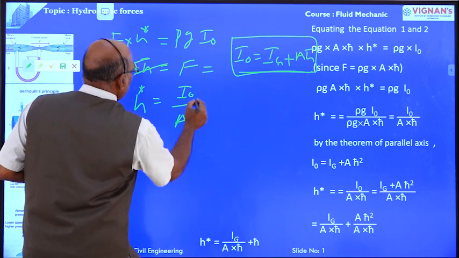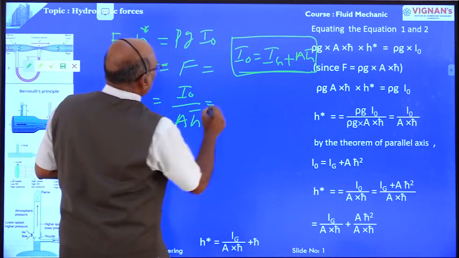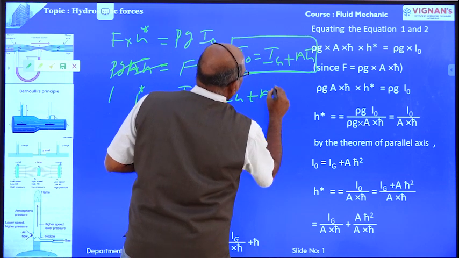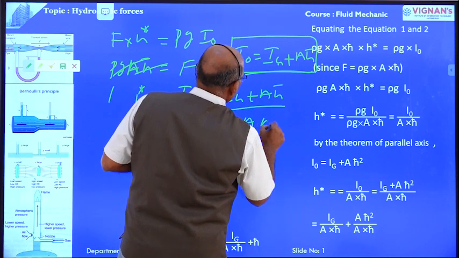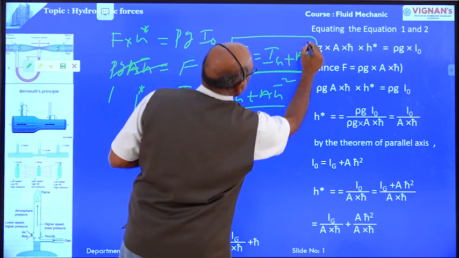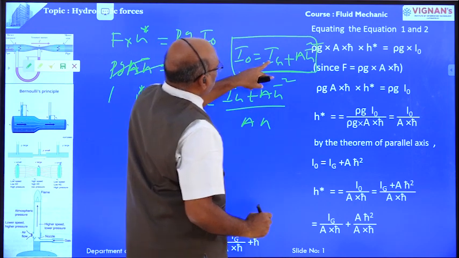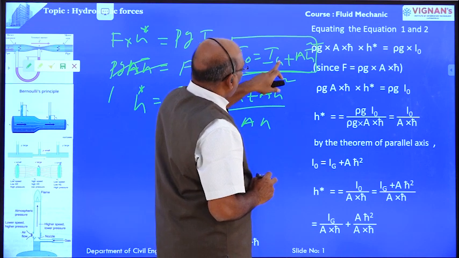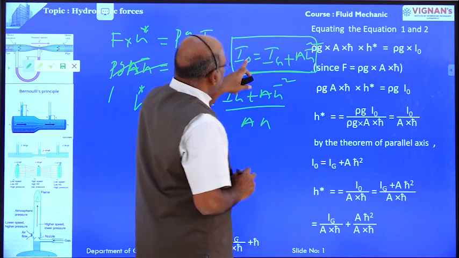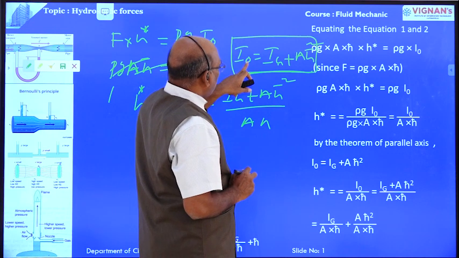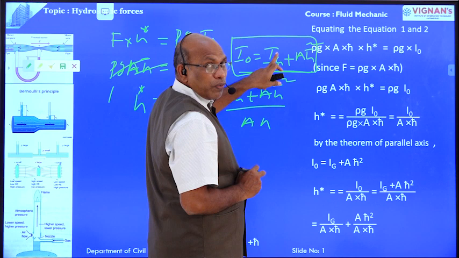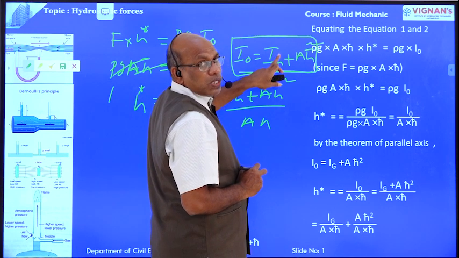Now in place of I0, we substitute Ig plus a h bar square, divided by a h bar. I0 is the moment of inertia of the surface about the free surface of the liquid, and Ig is the moment of inertia about the CG of the surface.